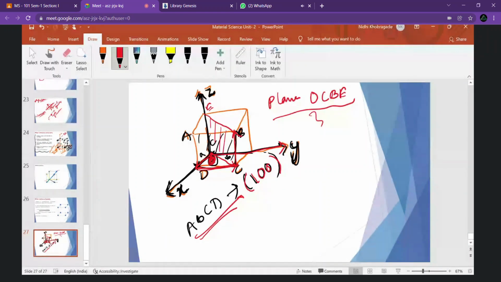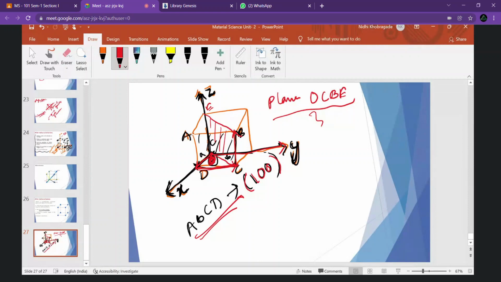According to the rule for the coordinate system for Miller indexing of planes, the first rule is that we should not consider our origin to lie in the particular plane. So we have to choose a different point for this plane, that is OCBE, while we have considered this as our origin for the plane ABCD.